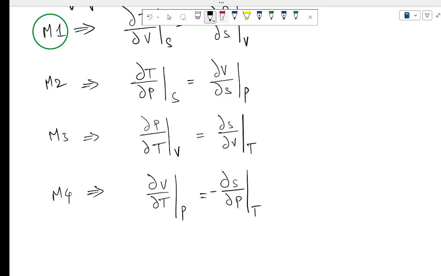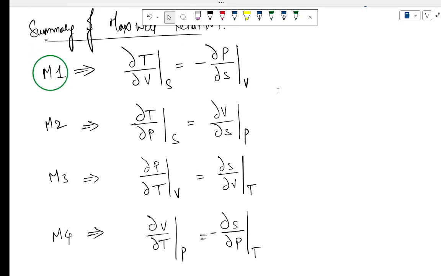So you remember that M4 and M1 will have minus symbols. Here you have minus for M1. You can observe that there is a minus here. Likewise, you will also have minus here for M4.